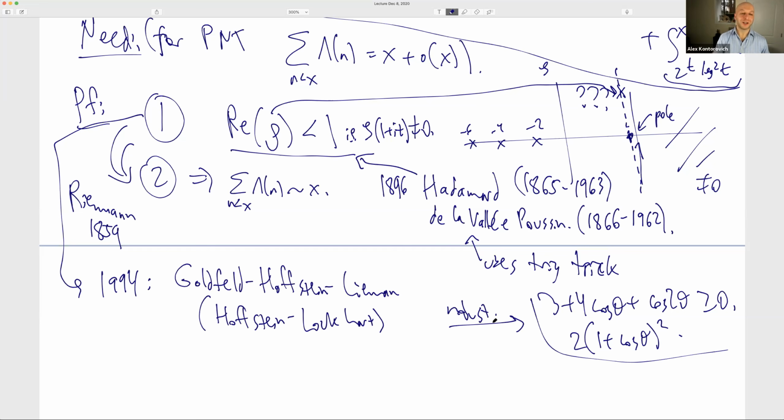So I want to give you the robust version just so that you will have seen it. So we'll do that the zeta function doesn't vanish, and then we'll show Riemann's argument for how to get from the non-vanishing of the zeta function on the one line to an asymptotic formula for lambda.